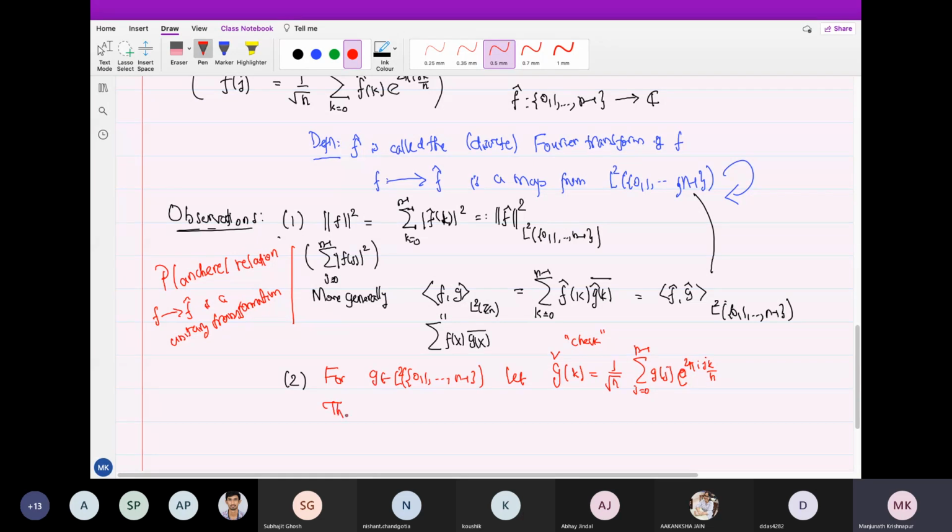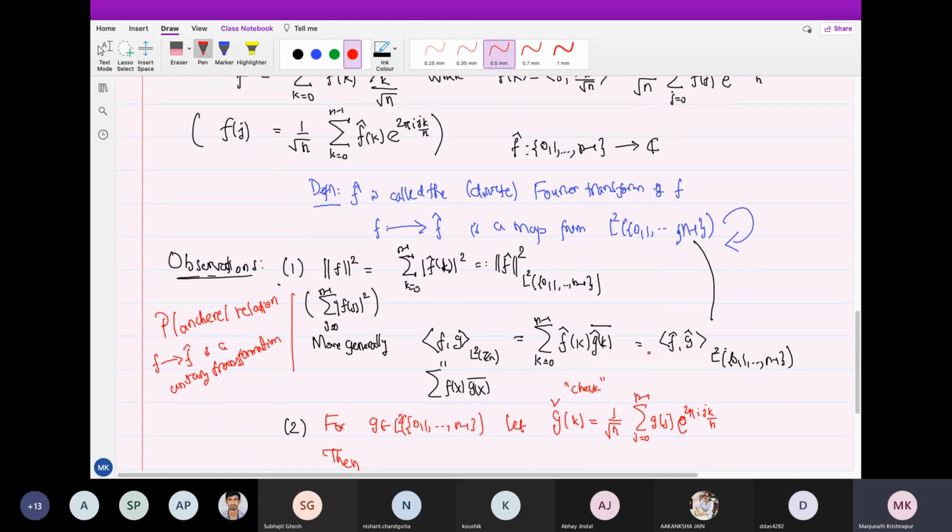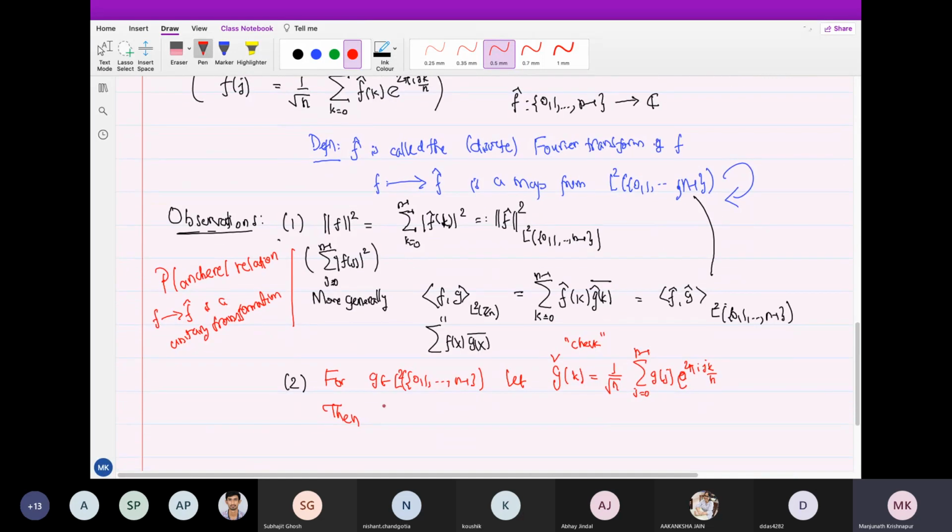Then it's almost the same as hat. For example, if g is an even function, meaning g of minus j is g of j, where minus j should be interpreted modulo n, then check and hat are going to be the same for that sort of function. But anyway, it looks very similar.